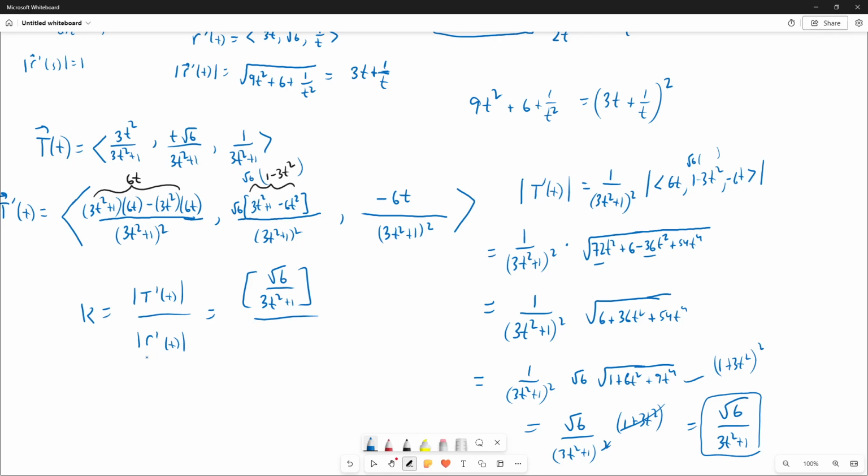And now we have to divide that by the magnitude of r prime of t, which happens to still be on the board, it was this. And we have to divide by that, which means we have to multiply by 1 over it. So we can think of this as the magnitude of T prime of t times 1 over the magnitude of r prime of t.